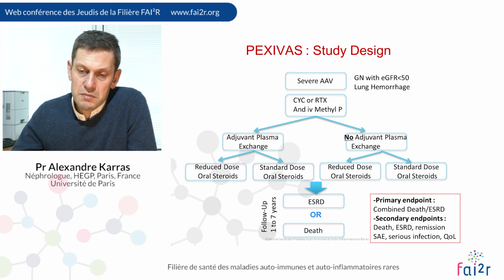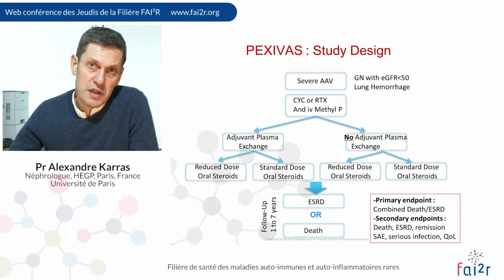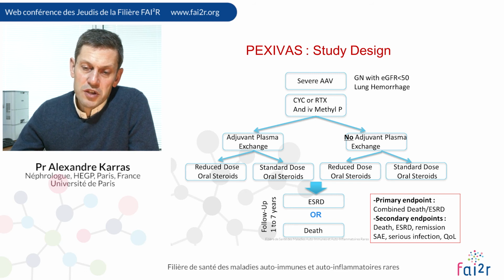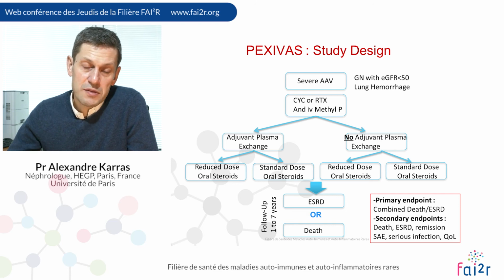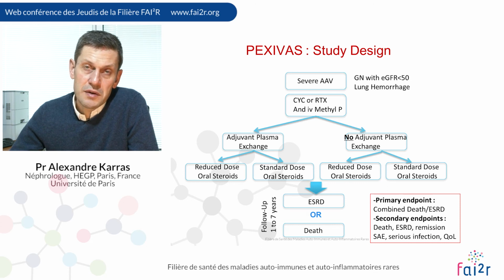In this huge study with more than 700 patients with severe ANCA vasculitis and different degrees of renal disease or lung hemorrhage, all patients were given immunosuppression and steroids, but only half of them had the addition of plasma exchange. The primary endpoint was a combined endpoint of death or end-stage renal disease.